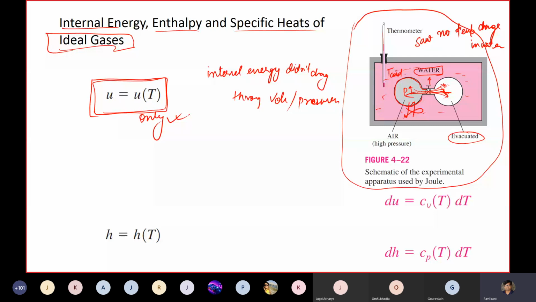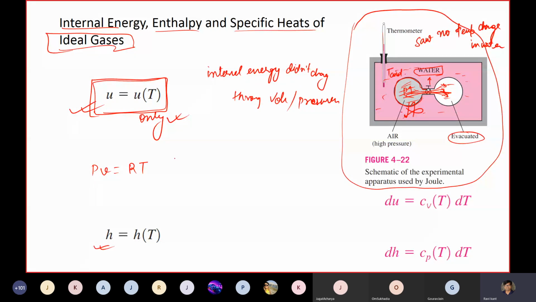Since the gas included here was an ideal gas, we can think of PV as RT. Since internal energy was only a function of temperature, can we somehow tell something about the enthalpy?